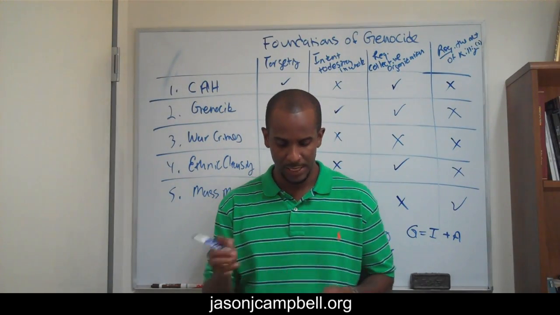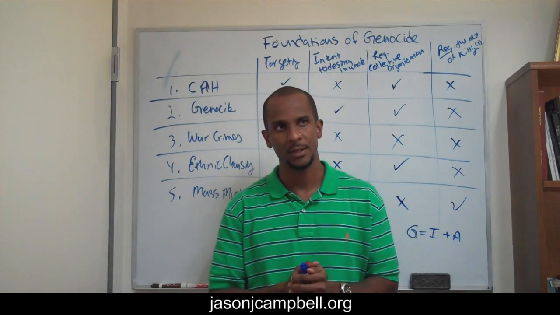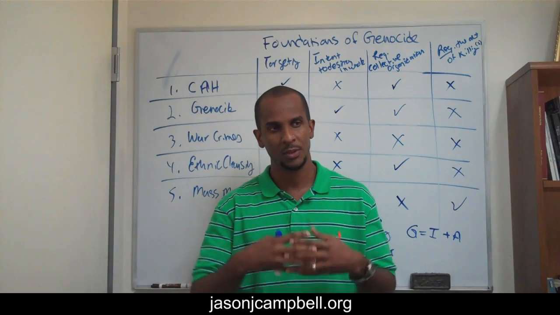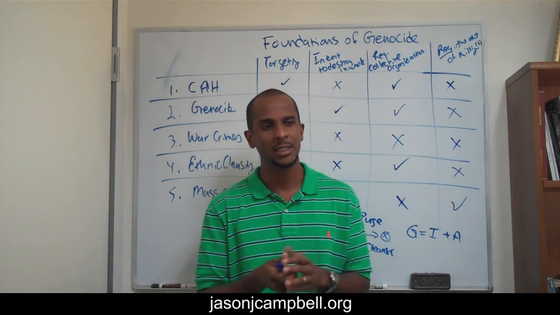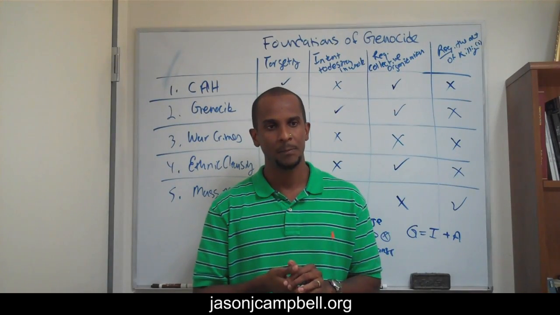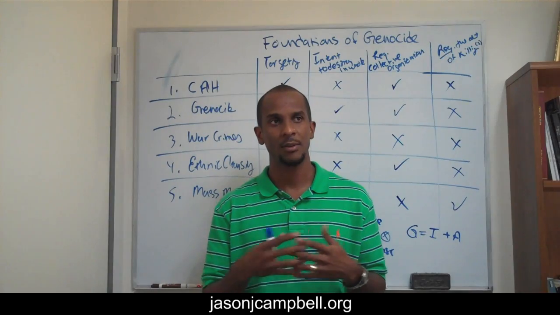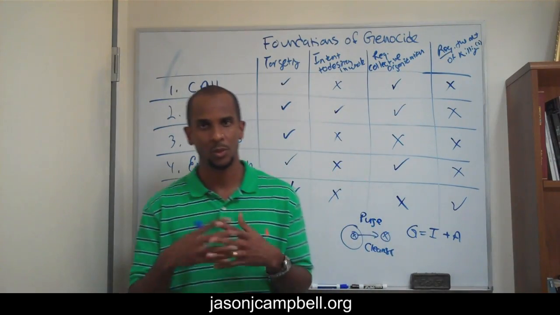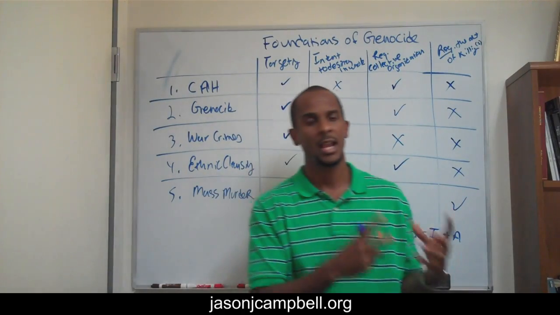What I wanted to do in the video today was to introduce the idea of genocide, this foundational, grounding lecture in an ongoing series on genocide. We recognize that Raphael Lemkin, a jurist, coined the term. We understand that genocide is a combination of intent and action.